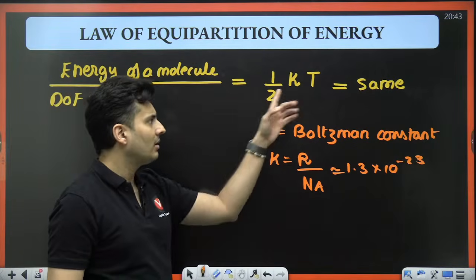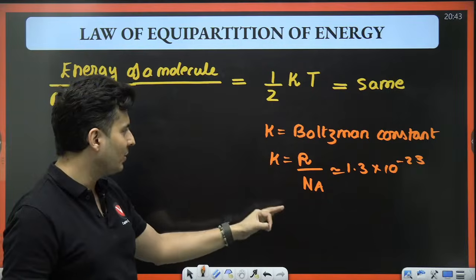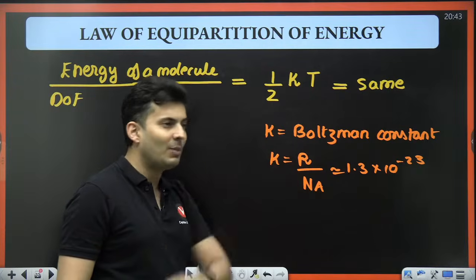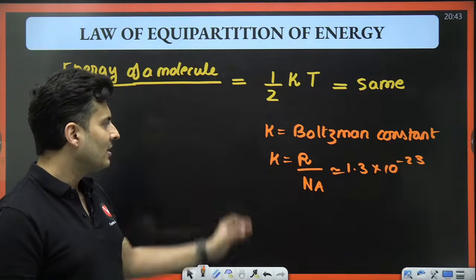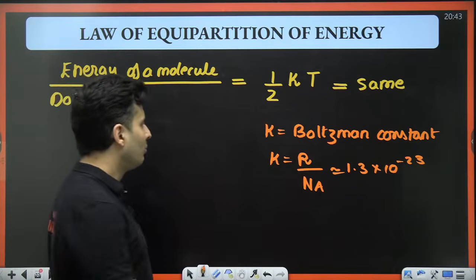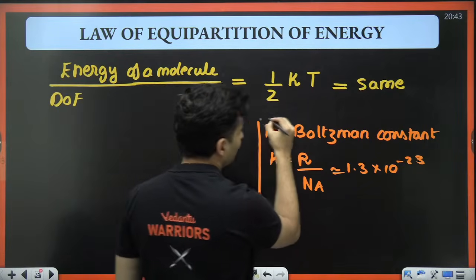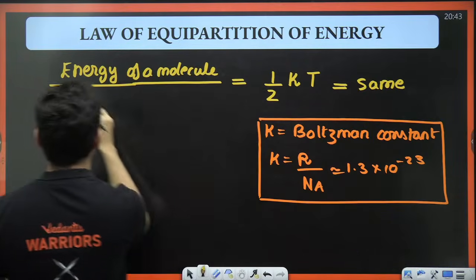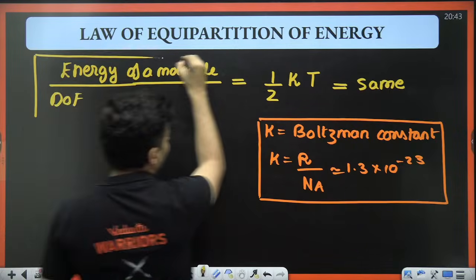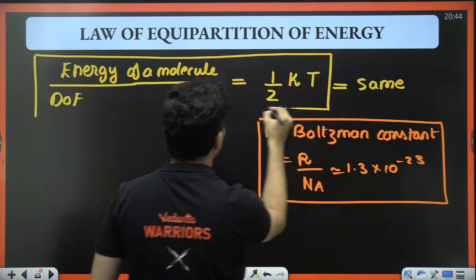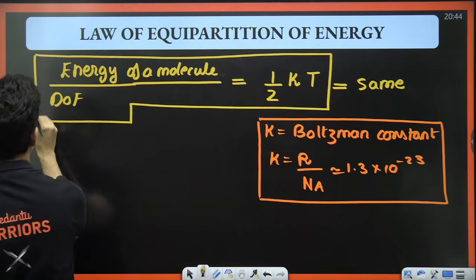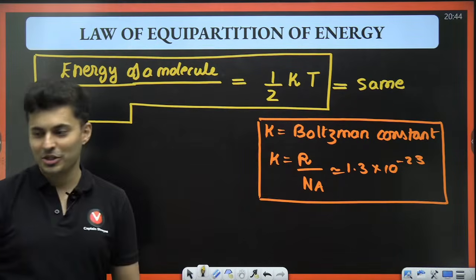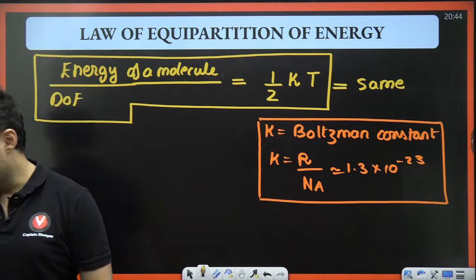T is temperature, half is a constant, k is Boltzmann constant, gas constant by Avogadro number. That is the value of this particular Boltzmann constant, my dear warriors. Now, this law, you should know this. Very important law. If you do not know this, many questions you might miss, even the derivations.